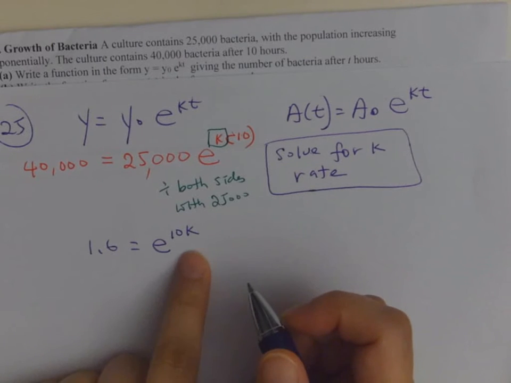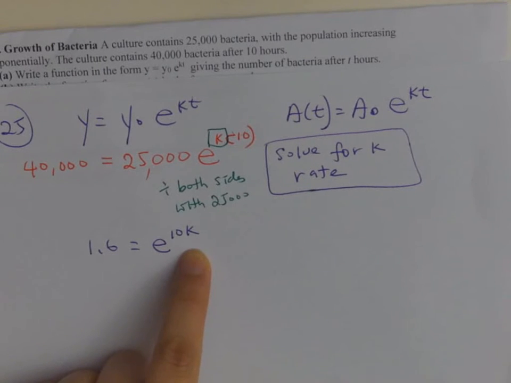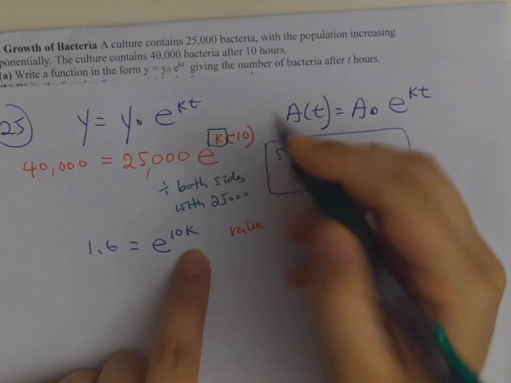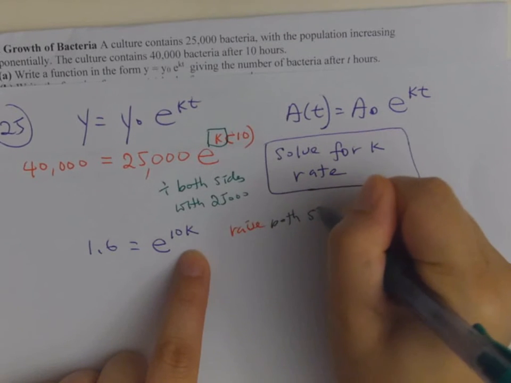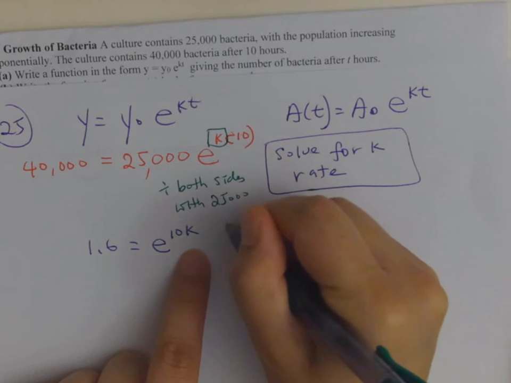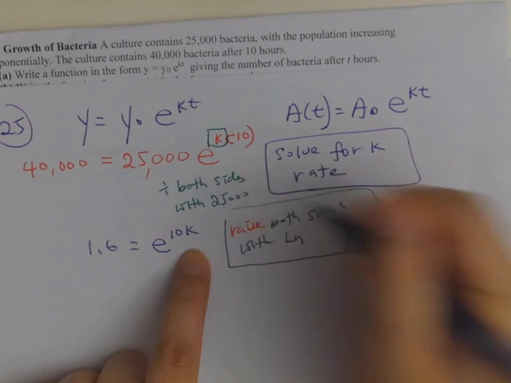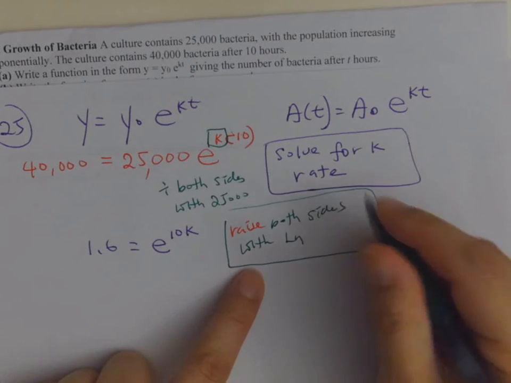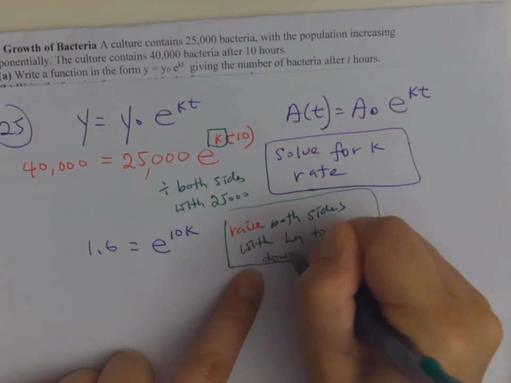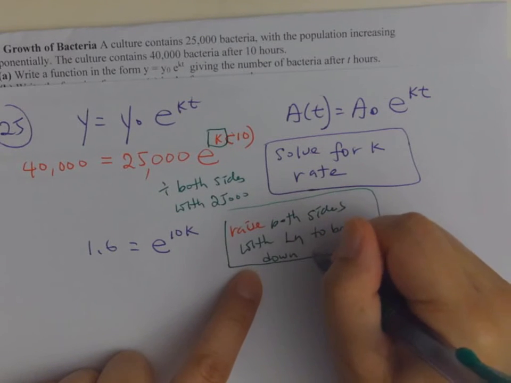So again, my unknown is up here. I need to raise both sides with ln. Normally just log, but because they come with e, we take ln of both sides to bring down the unknown exponent, right?